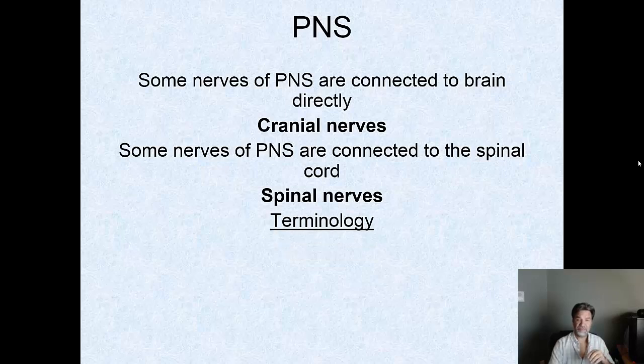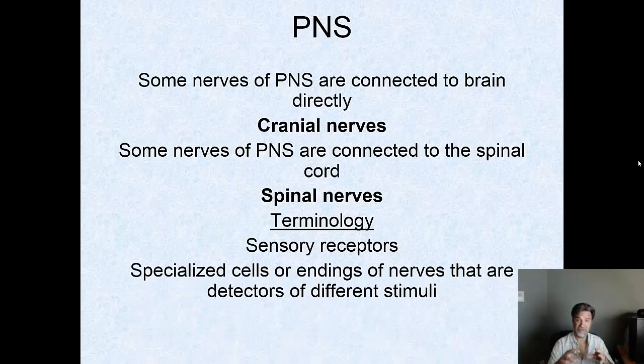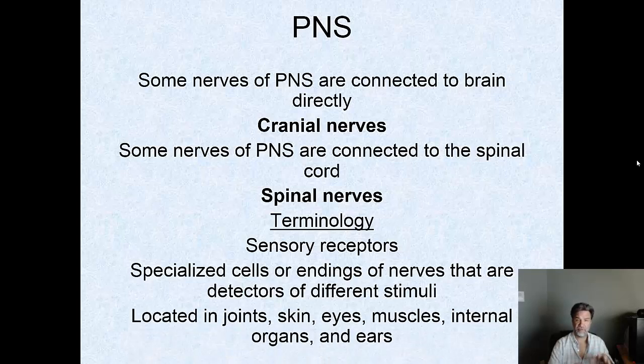We need to cover some terms that we're going to need to understand for this video as well as subsequent videos. Sensory receptors are those detectors of the various kinds of sensory information that we collect. Hearing, sight, seeing, smelling, tasting, all of those are accomplished via these sensory receptors. Now, sensory receptors are going to be broken up.